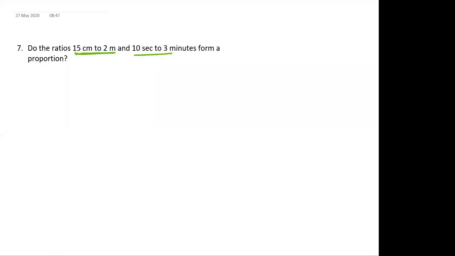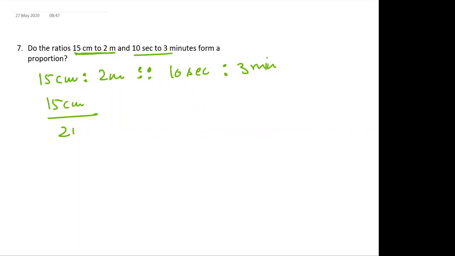First write 15 centimeter ratio 2 meter proportion 10 second ratio 3 minutes. Now write 15 centimeter upon 2 meter is equal to 10 second upon 3 minute, and check if they are equal to each other or not.